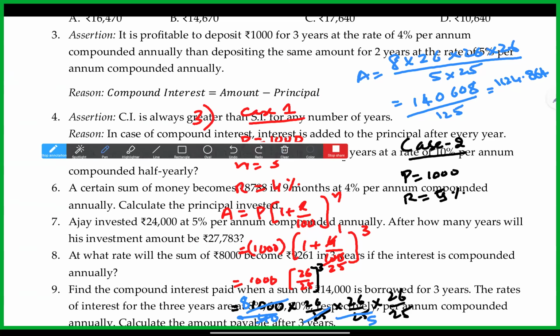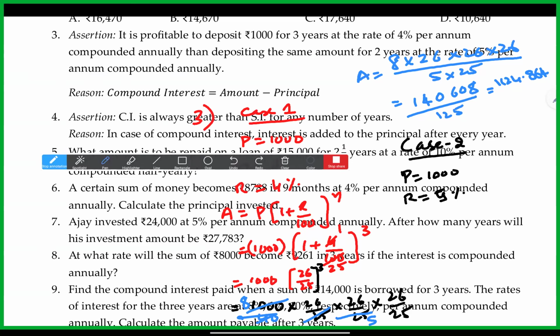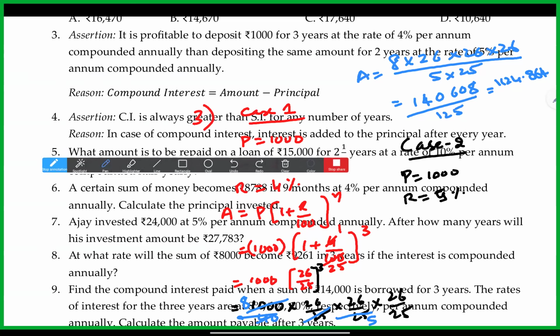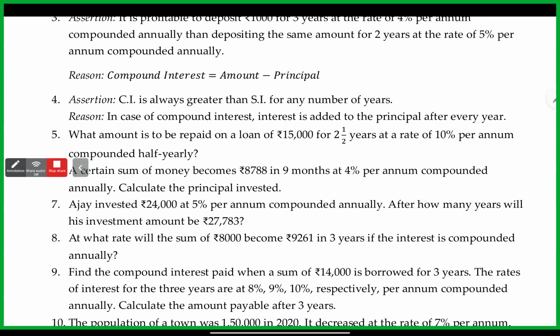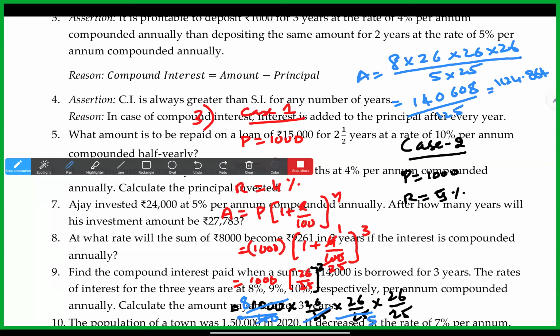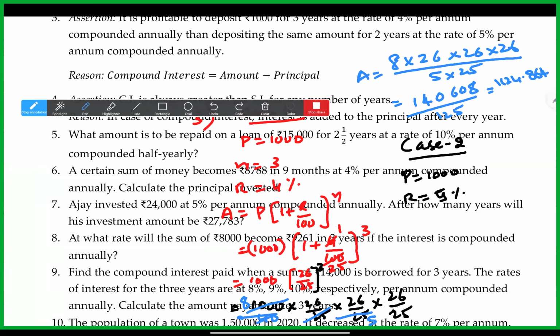As per the third question, they said depositing the same amount for 2 years at the rate of 5%. We can see it on the second line of the third question. But now the time is only 2 years, compounded yearly.